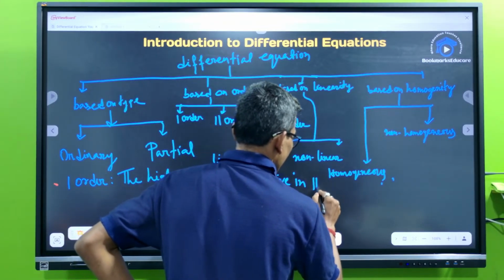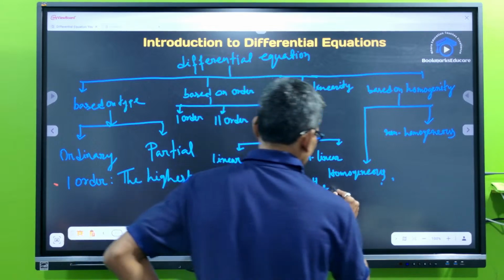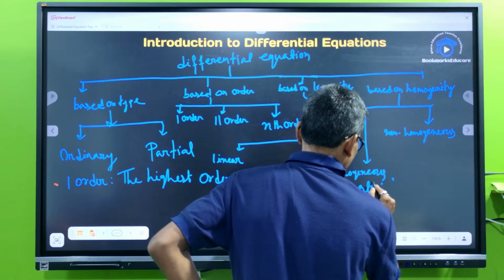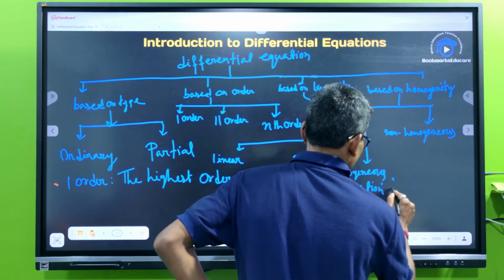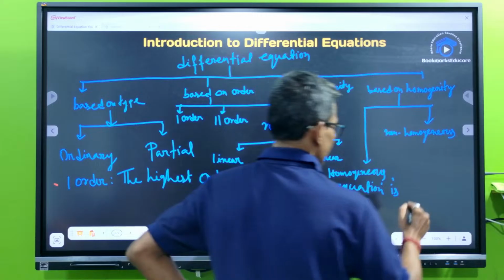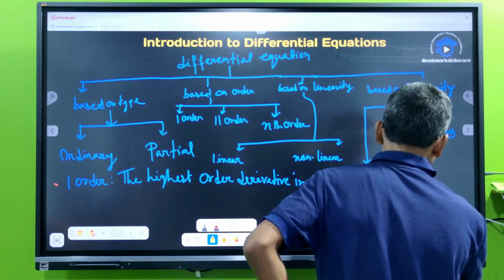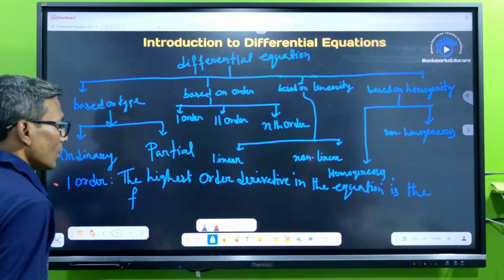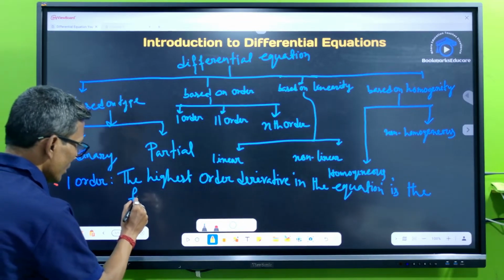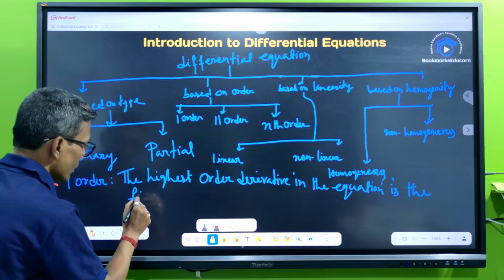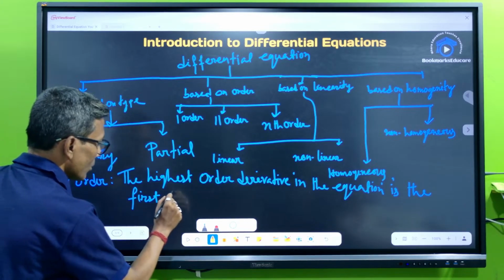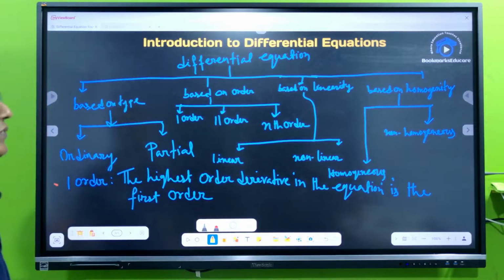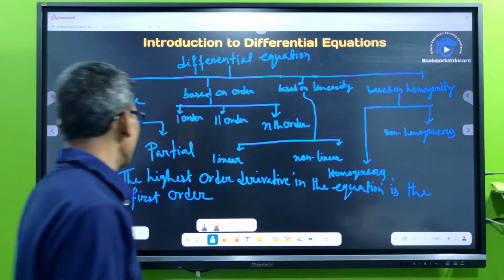What is first order differential equation?